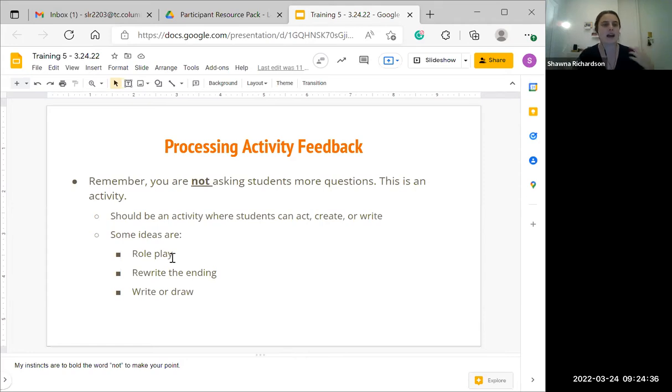But having students act it out. Or you can have them rewrite the ending or create a new ending. So they've read the story, and then instead of the way the story actually ends, they can create something different. Or you can have them do a writing or drawing activity.